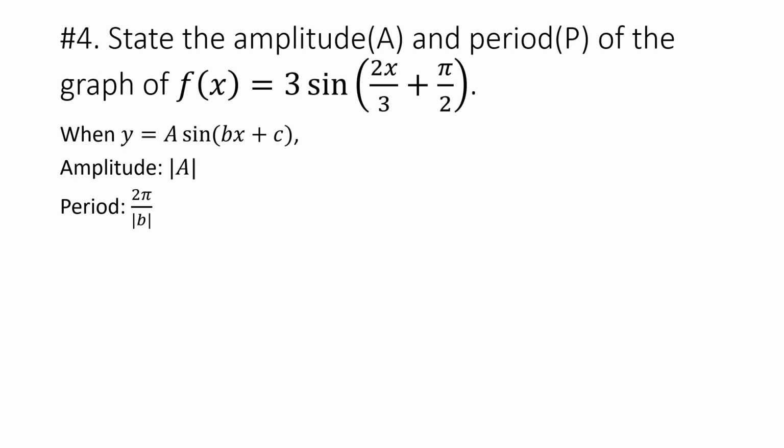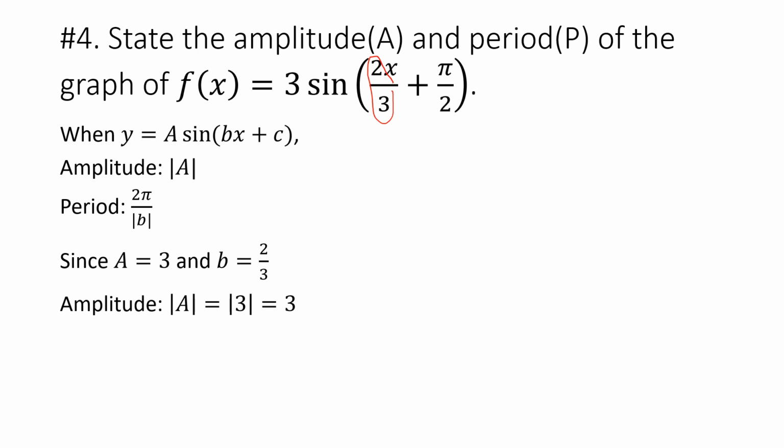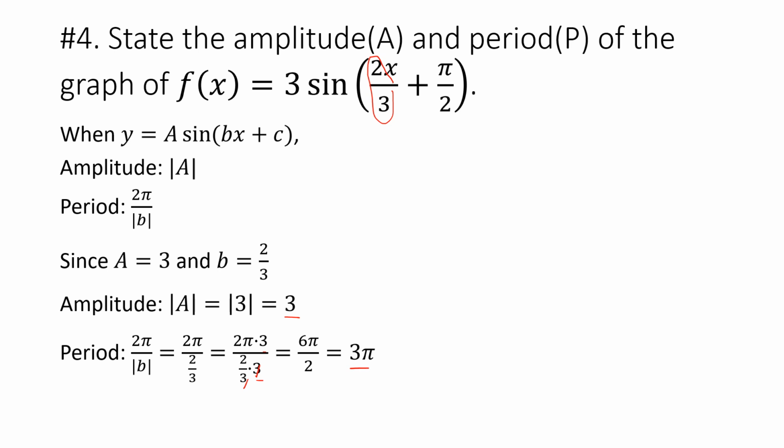In this case, a is 3 and b is the coefficient of x, 2 over 3. So the amplitude is absolute value of 3, which is 3, and the period is 2 pi over absolute value of b, so 2 pi over 2 over 3. We multiply both sides by 3, so the 3 cancels out. Then 6 pi over 2, so 3 pi. So amplitude 3, period 3 pi.